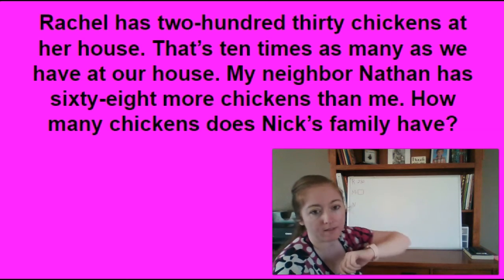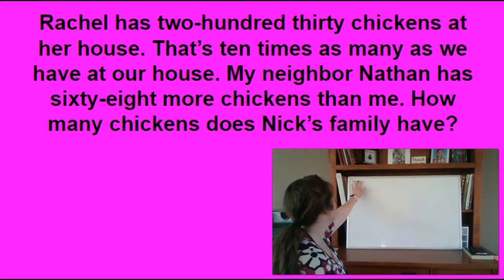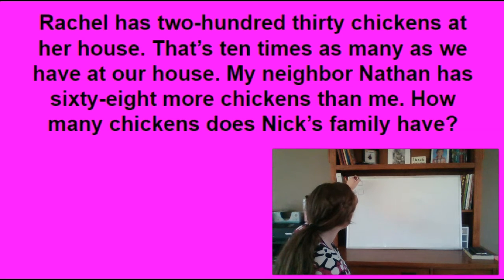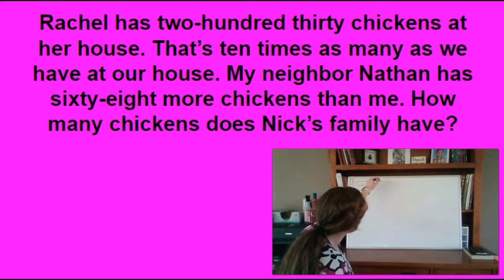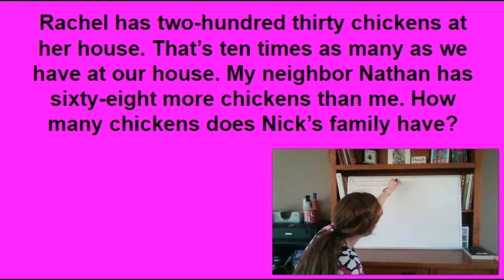How many squares am I going to draw for Rachel? Because she's the one that we know. How many times more does she have than I do? 10. So I'm going to draw 10 squares. 1, 2, 3, 4, 5, 6, 7, 8, 9, and that one is 10.